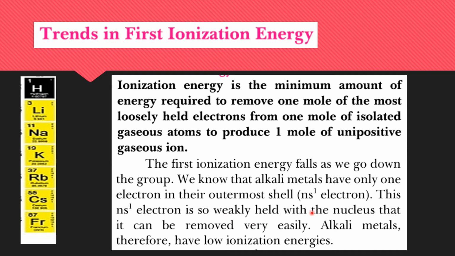The force of attraction between the nucleus and valence electron decreases because the size of the atom is increasing down the group. So the electron can easily be removed from this valence shell. So the ionization energy value decreases as we move down the group because the size of the atom is increasing and the shielding effect is also increasing.